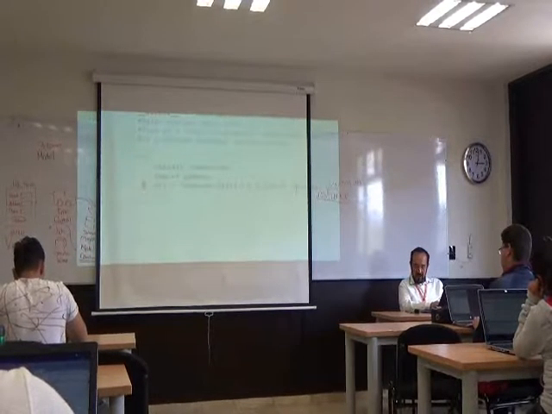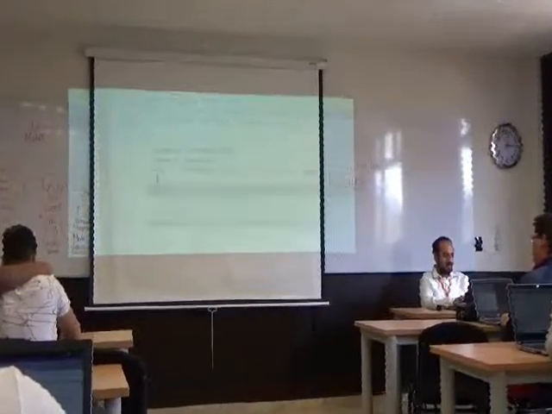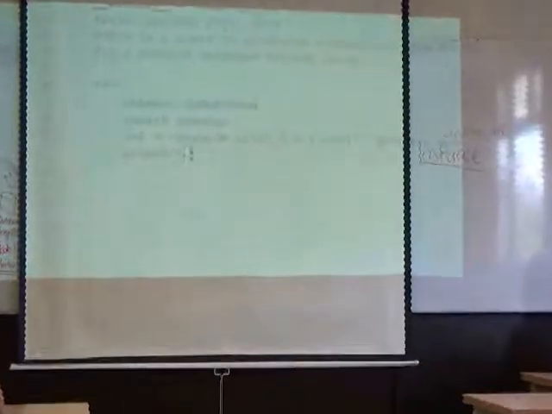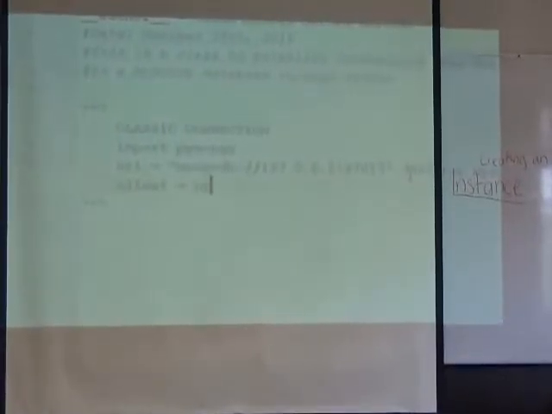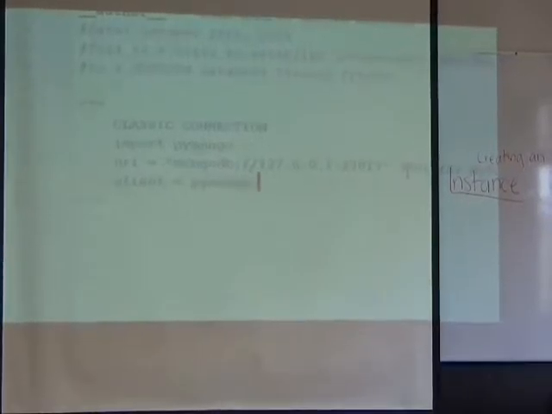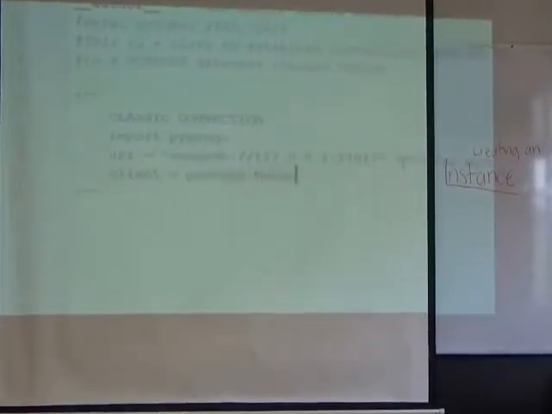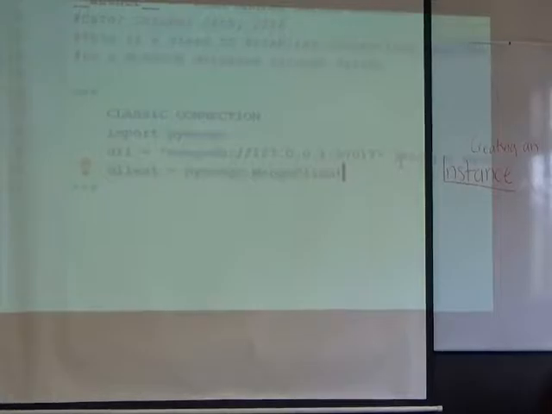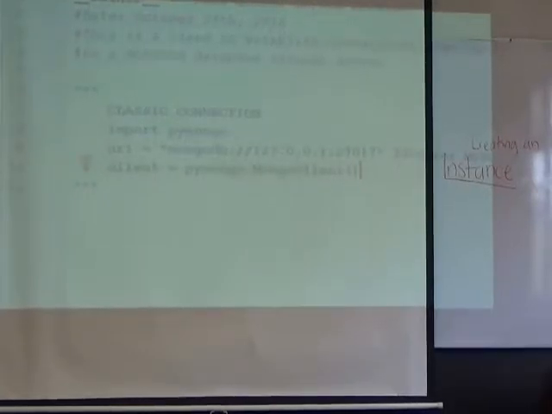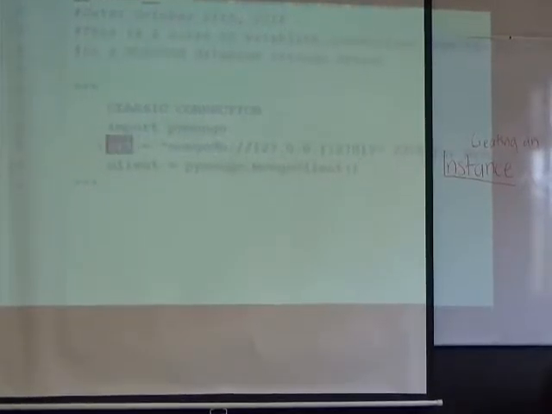So then I need a client. And my client I call the Mongo library dot MongoClient. And as a parameter I need the URL or the URI.